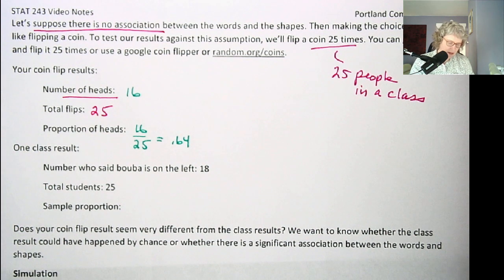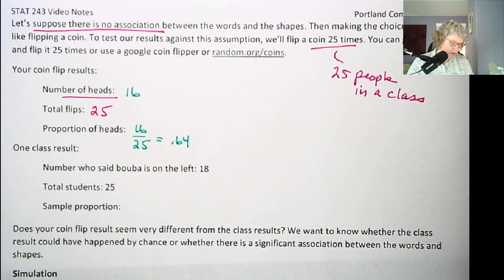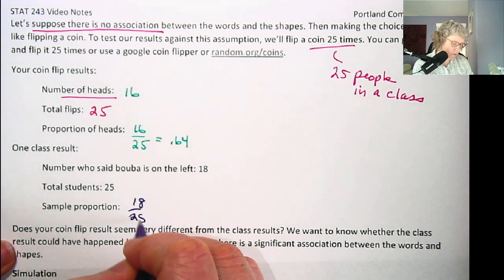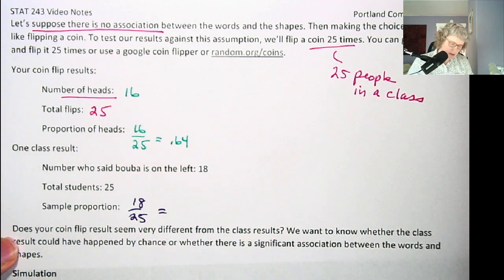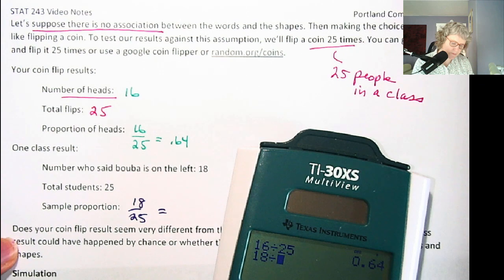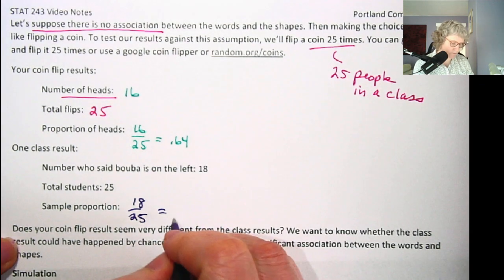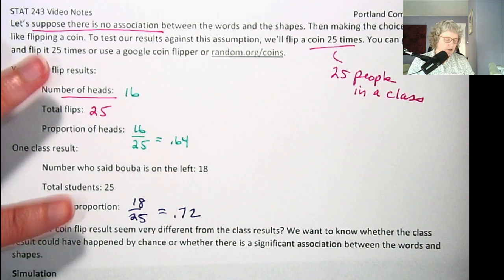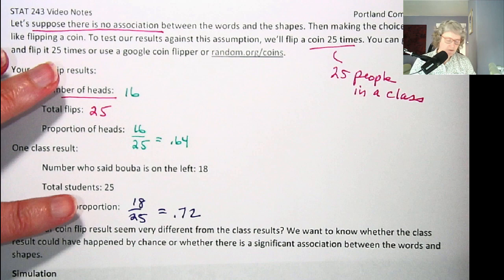So I'm going to calculate that proportion, and that's 18 out of 25. That's 72%, or 0.72. Okay, so do your results seem very different from mine?